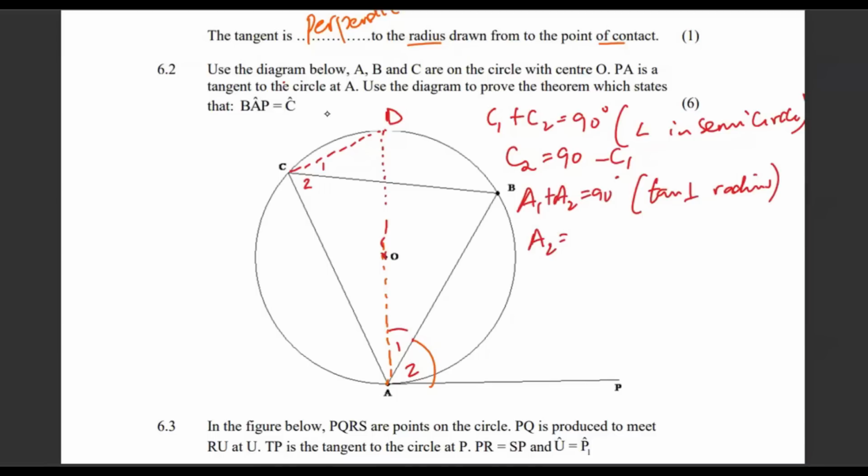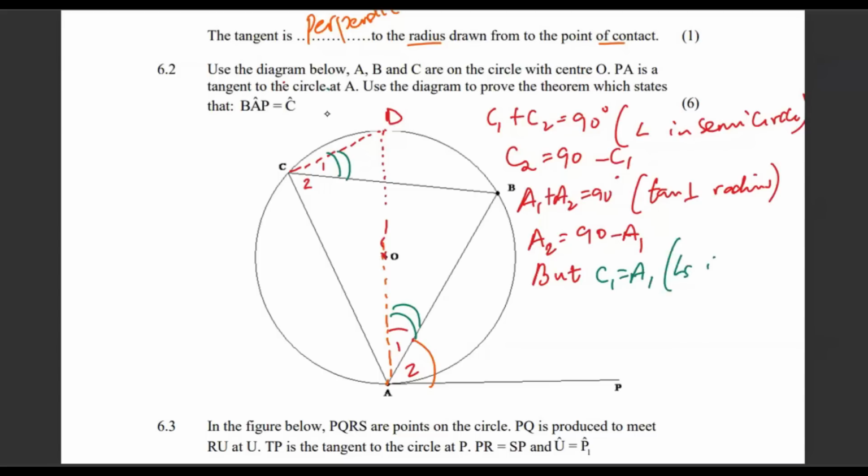So A2 is going to be 90 minus A1. But we know that C1 and, okay, we're saying C1 and A1 are the same. C1 is the same as A1.